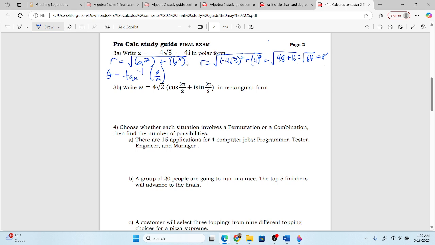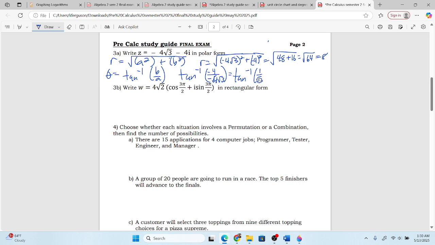So my r is 8, and now I got tangent inverse of negative 4 over negative 4 square root of 3. Well, the negative 4's cancel each other out, so I'm just going to have the inverse of tangent of 1 over the square root of 3.